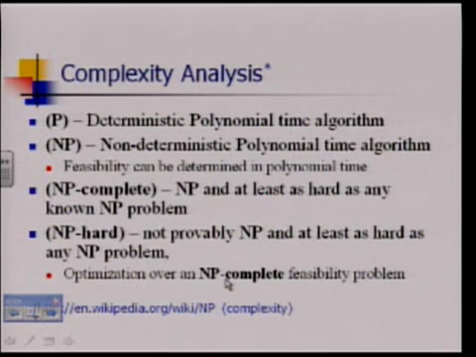And then we classify the problem into the category of P and NP. P stands for deterministic polynomial time algorithm. Intuitively, that means the computational requirement in general is a polynomial function of your decision variables, in this case, for instance, the number of constraints or the number of decision variables, things related to the scale of your problem. And then there's also another type of problem called non-deterministic polynomial time algorithm, which people call NP.